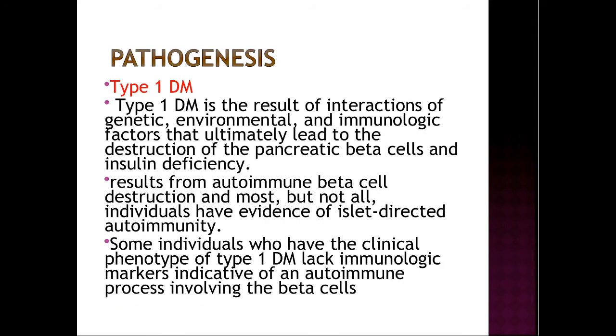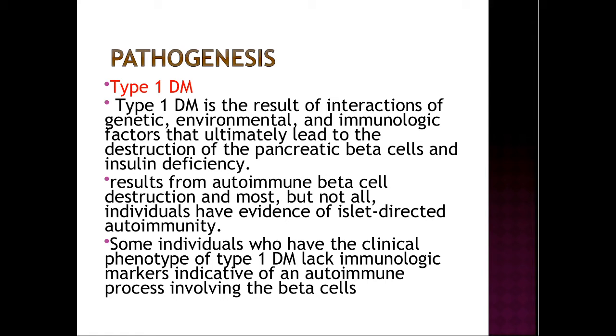Type 1 diabetes mellitus is the result of interaction of genetic, environmental, and immunological factors that ultimately lead to the destruction of the pancreatic beta islets and insulin deficiency in our body.